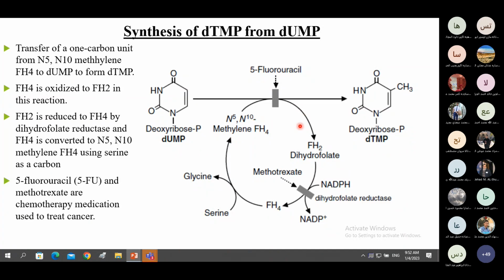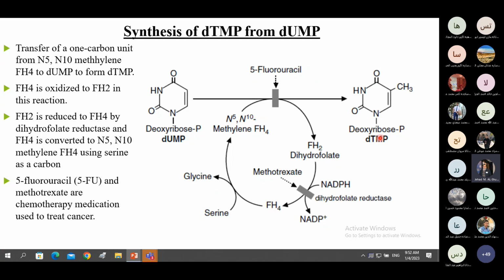See here, which is very important. There is a drug known as 5-fluorouracil. This drug blocks and prevents FH4 from donating its one carbon group to dUMP. Thus, dUMP is not converted to dTMP. This drug is a chemotherapy in cancer.